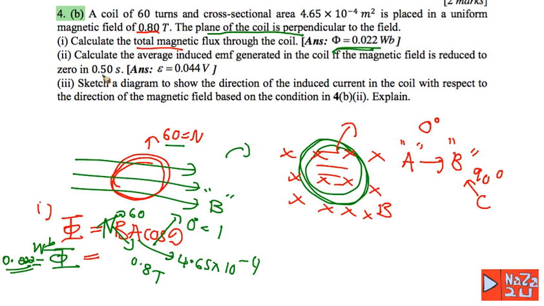So number 2, calculate the average induced EMF generated in the coil if the magnetic field is reduced. If the magnetic field B changes, you can relate it to the induced EMF because of the change of flux, and this is negative, right?